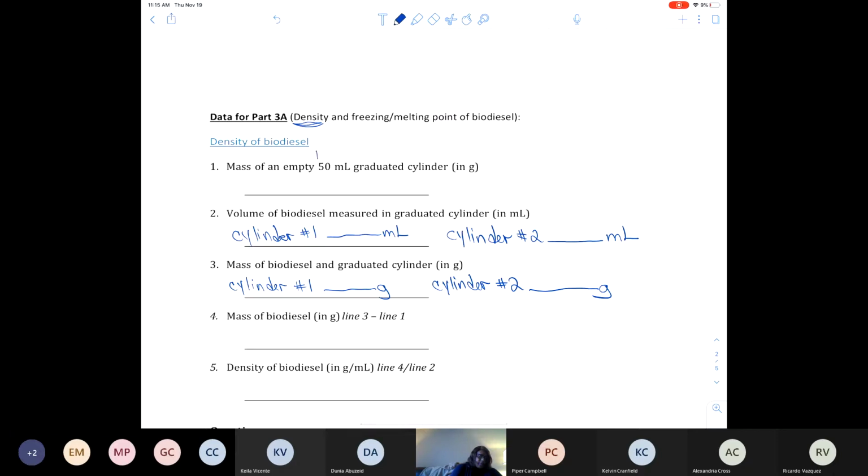And we didn't use 50 milliliter cylinders, we used 100. And we've got 2 of them, so you need to know the empty mass of cylinder number 1 and cylinder number 2.